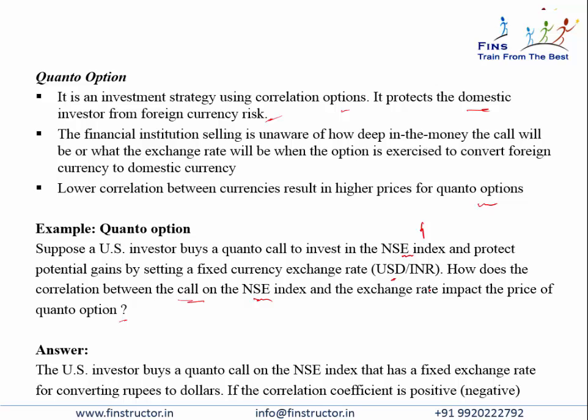Just to explain the question, if NSE index goes up, the value of the call option will go up. At the same time, if INR also appreciates, is that a good thing? That's a positive correlation.